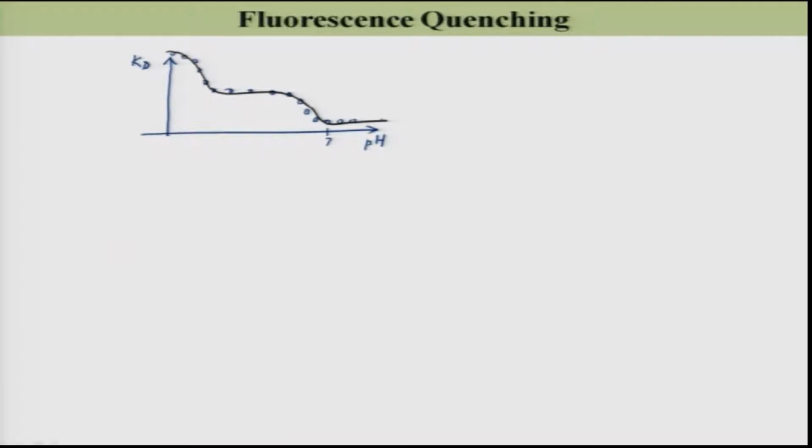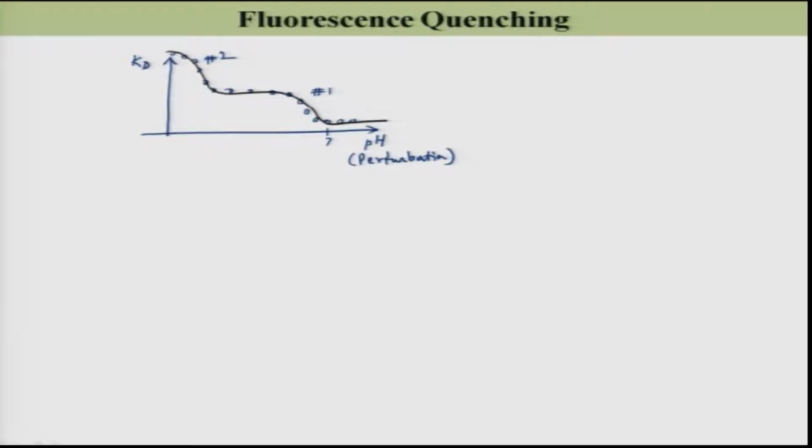It clearly tells you that when your perturbation is this pH, the change of Kd is two-step. Here is transition number 1 and here is your transition number 2.